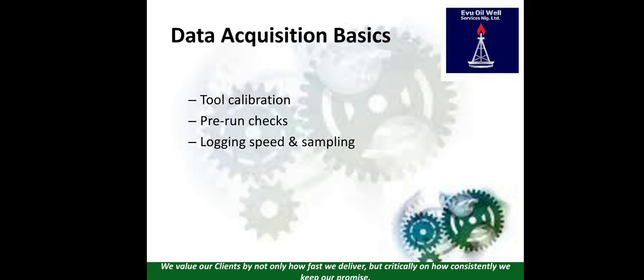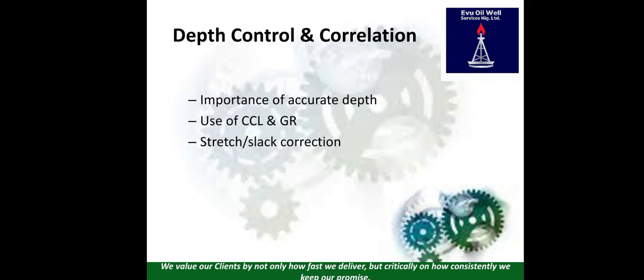Data acquisition basics. These include tool calibration, pre-run checks, and correct logging speeds for accurate data collection. Depth control and correlation. Depth must be accurate using CCL, GR, and stretch or slack corrections.